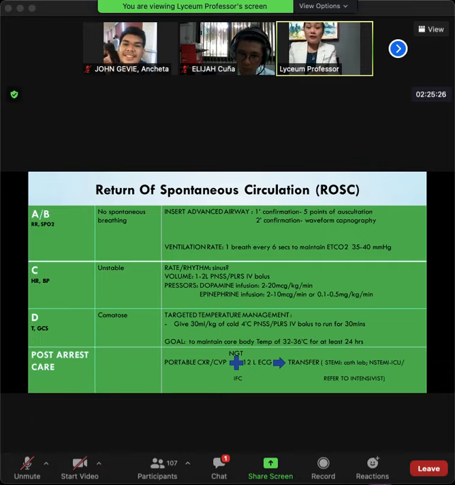Okay, for post-arrest care, once the patient is already stabilized, then you can do your post-arrest care. You have to remember the sign of the cross.